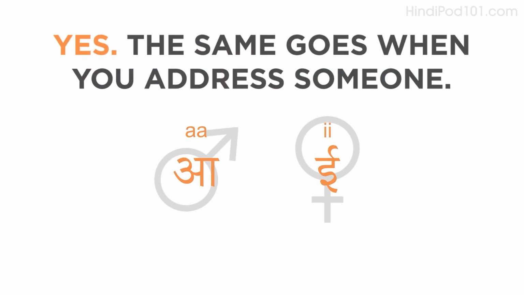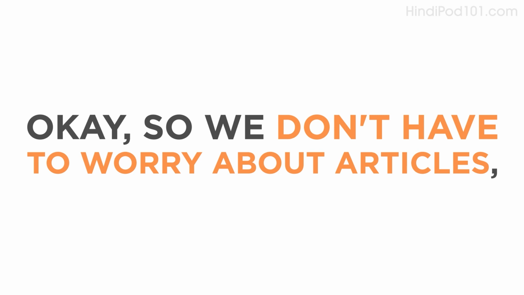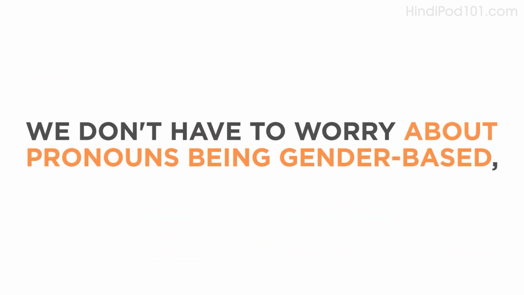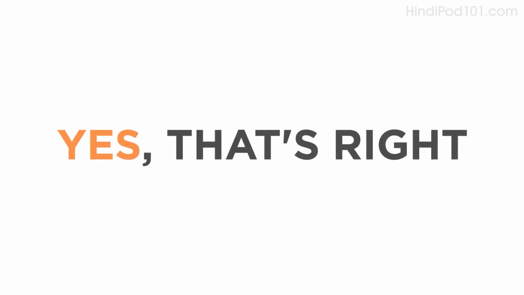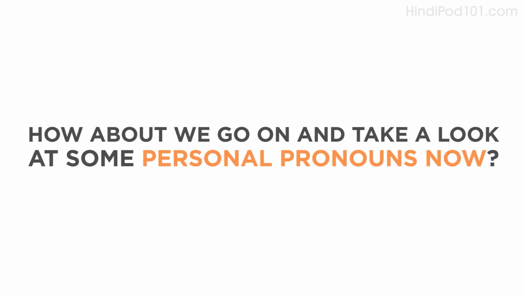Yes, the same goes when you address someone. If they are female, use e at the end of the verb, and if they are male, use a at the end. Okay, so we don't have to worry about articles, we don't have to worry about pronouns being gender-based, but we have to be concerned about verbs being based on gender? Yes, that's right. How about we go on and take a look at some personal pronouns now?